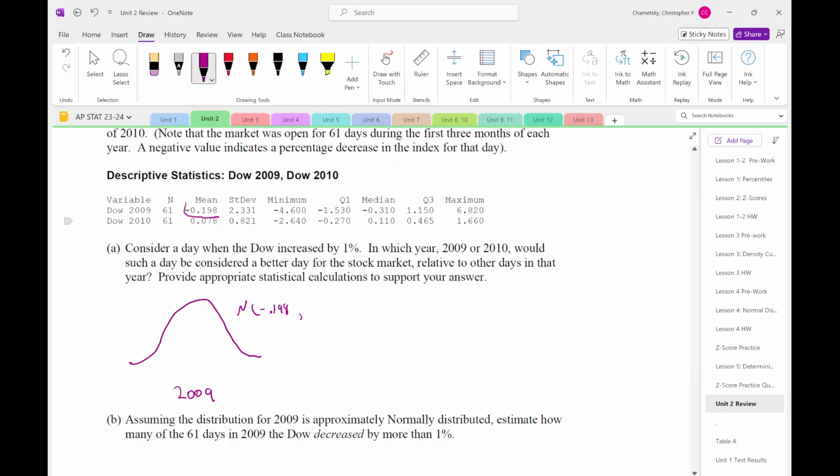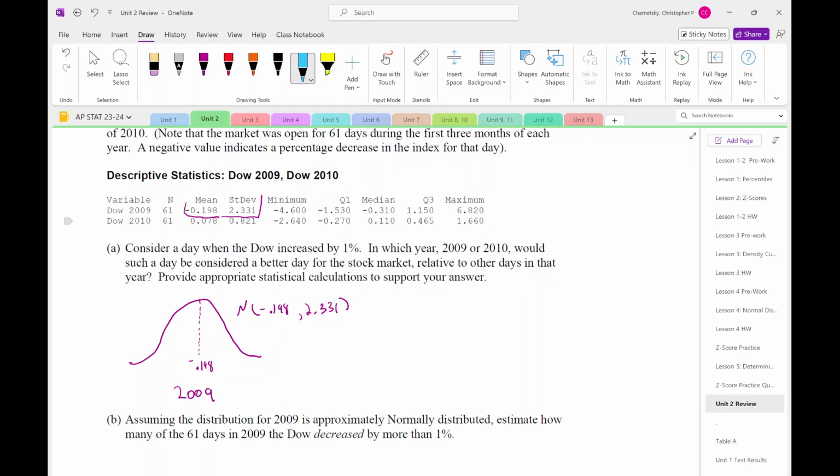Means on average, you're decreasing throughout the year. And a standard deviation of 2.331. So right here in the middle is negative 0.198.